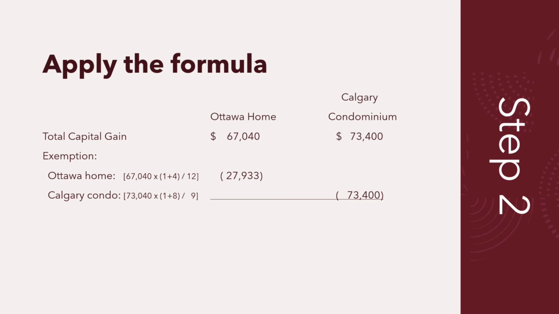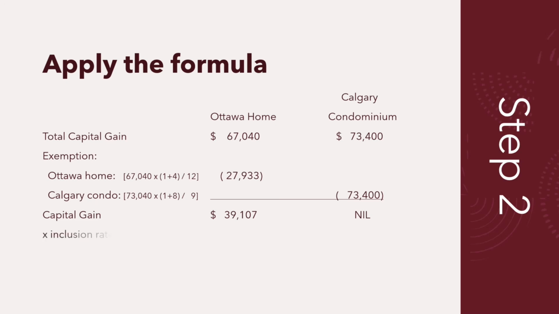And that's where we have used the 1 plus really to our advantage. Over the 12-year period, we know that we own the Calgary condo for 9 years. But because there's a 1 plus in the formula, we only have to designate it as the principal residence for 8 years. 8 plus 1 is 9, divided by 9, you can see that the Calgary condo has the gain entirely eliminated, whereas the Ottawa home has got some capital gain remaining.